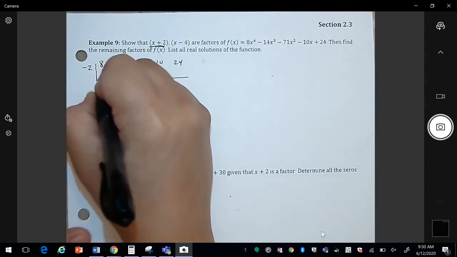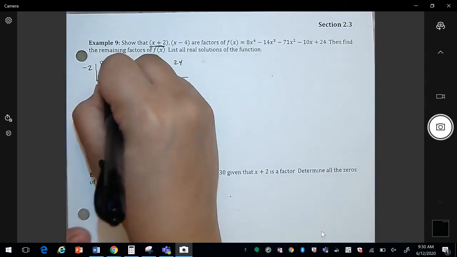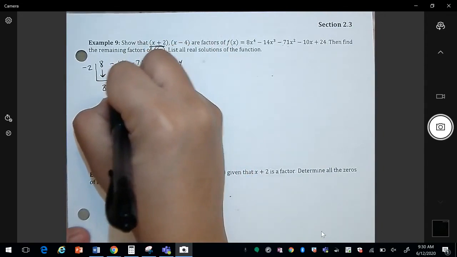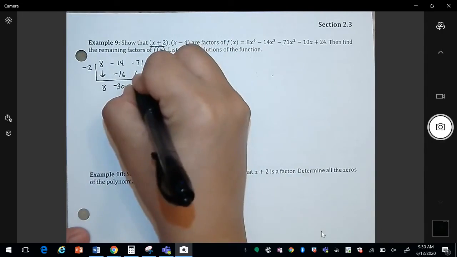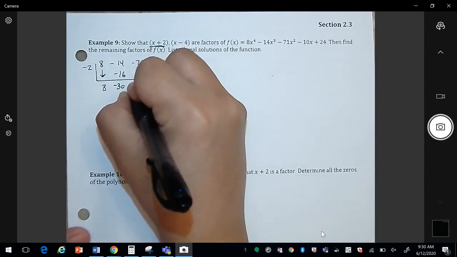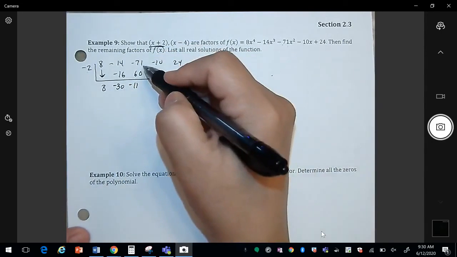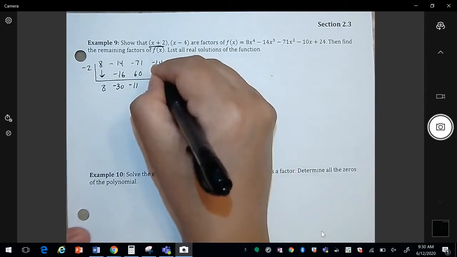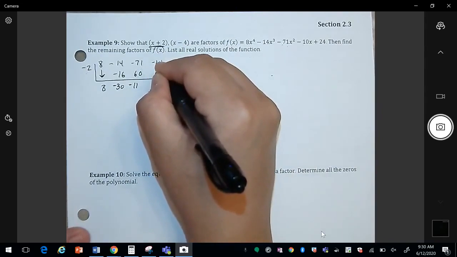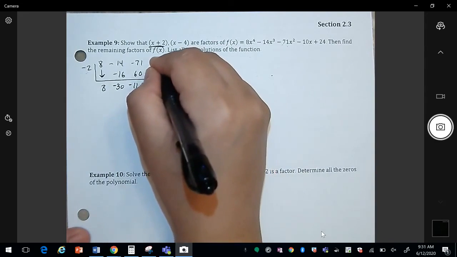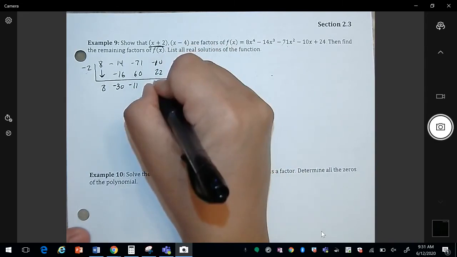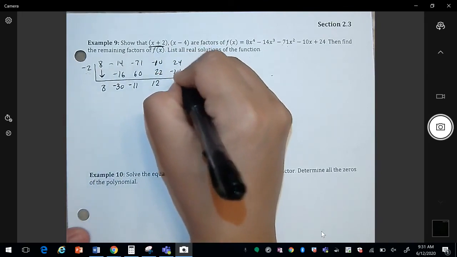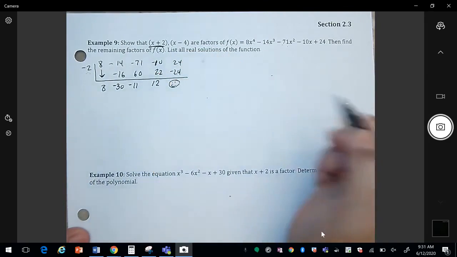So we're going to bring down the 8. 8 times negative 2 is negative 16, plus negative 14 is negative 30, times negative 2 is positive 60, giving me a negative 11 once I add to negative 71. Negative 2 times negative 11 is 22, plus negative 10 is 12, times negative 2 is negative 24, and we get 0.